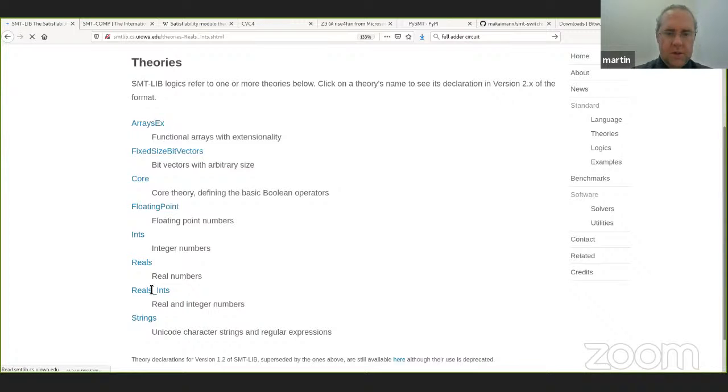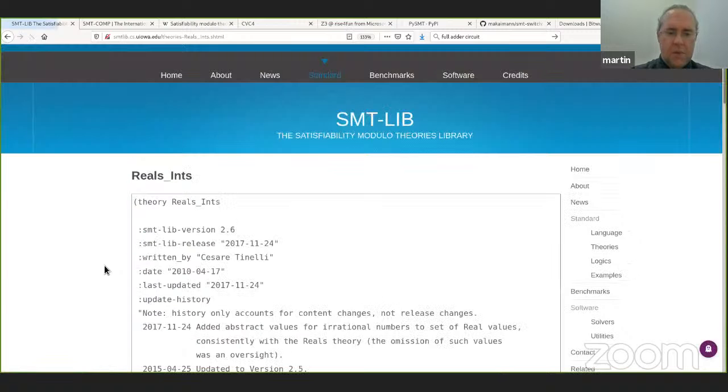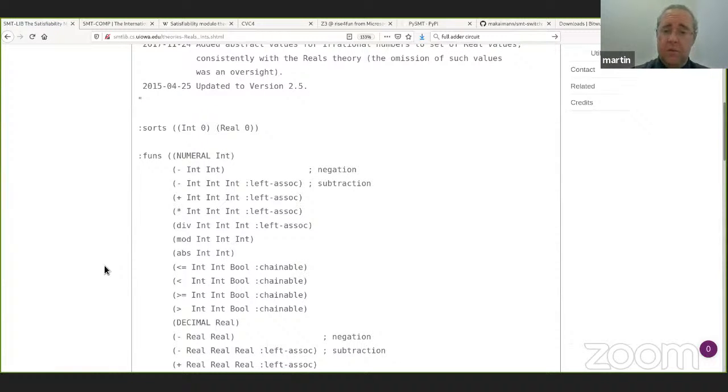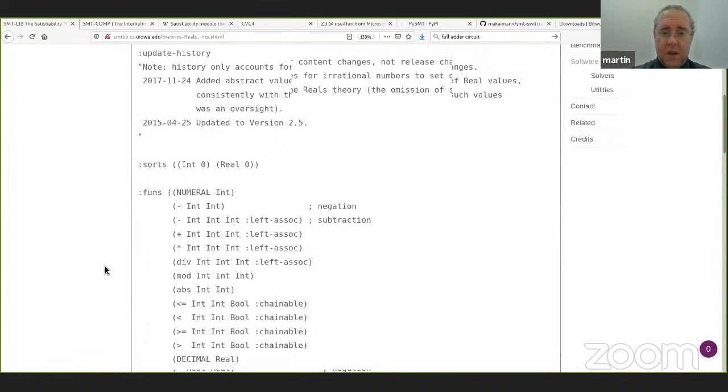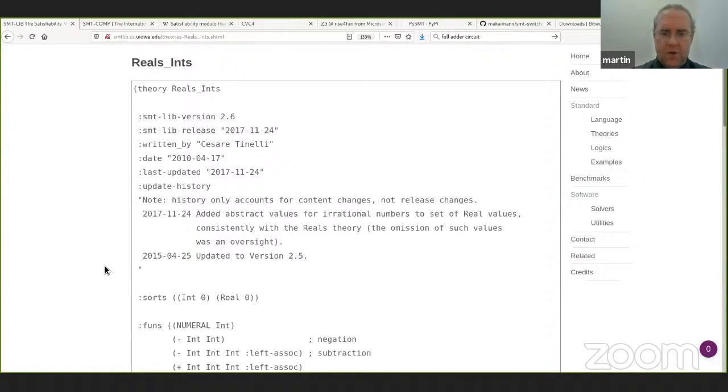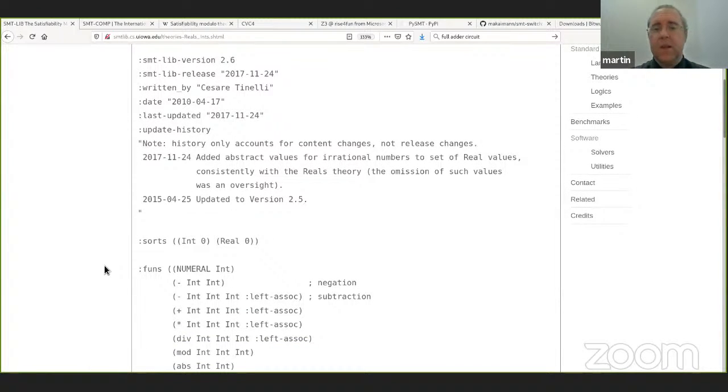So let's have reals and ints. Another common mistake, and one I made back when I was first doing this, is looking at these theory files, seeing that they're in structured format, and assuming that you feed the theory file into the solver. Where do you put the theory file? This is not right.